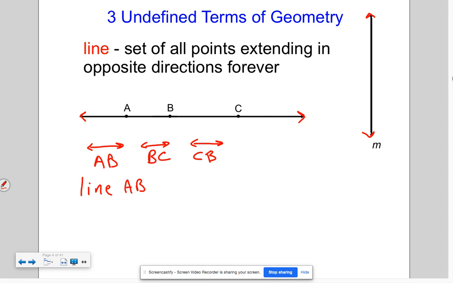So any one of these 4 are correct. The other way you can write it, if you don't know any points on the line, is this lowercase italic letter m over here on the right. This line and the set of points that's on that line could be written as line m. So you can write it a few different ways.